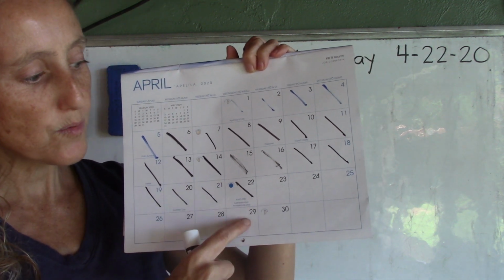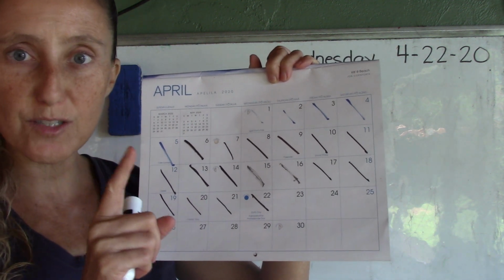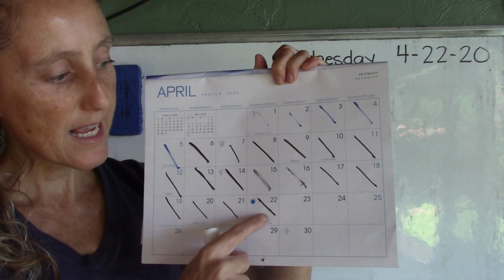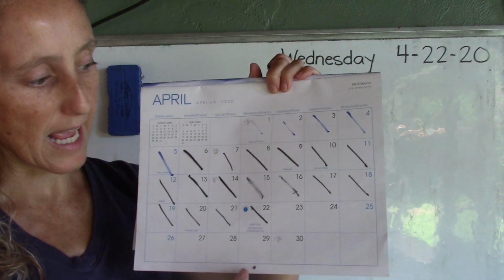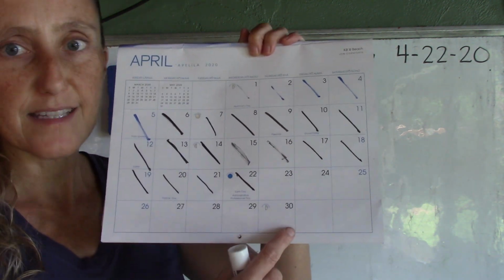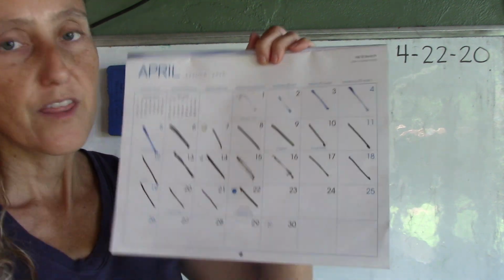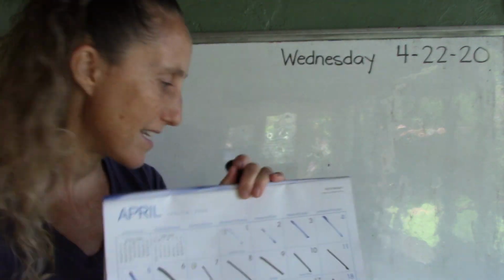So 22 to 29 is 7 days. That's 1 week. So that's how we can tell if it's 1 week. Now, today is on a Wednesday, but what day is the last day of the month on? If we go up, Thursday. Yeah, that's the last day.